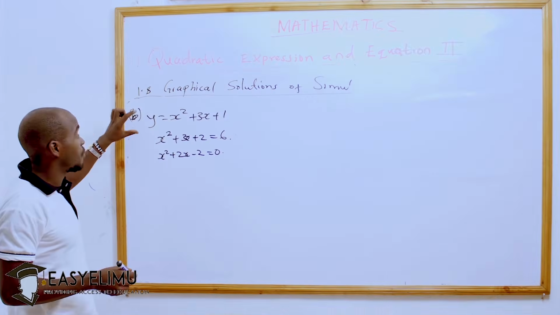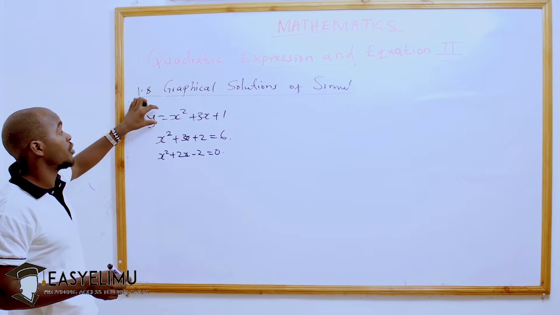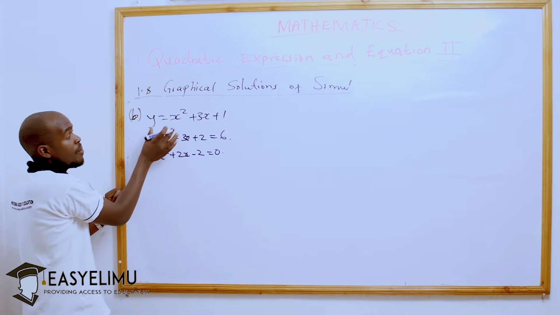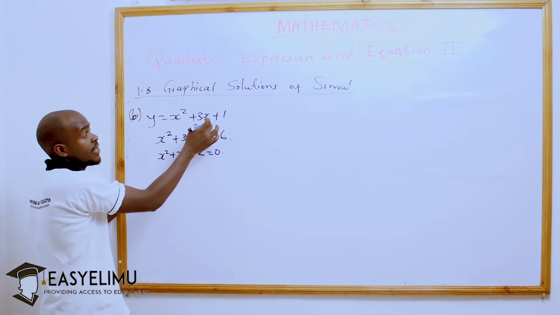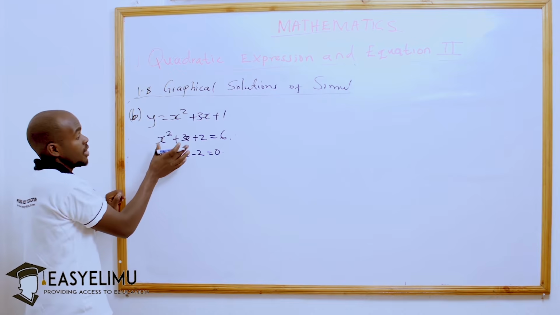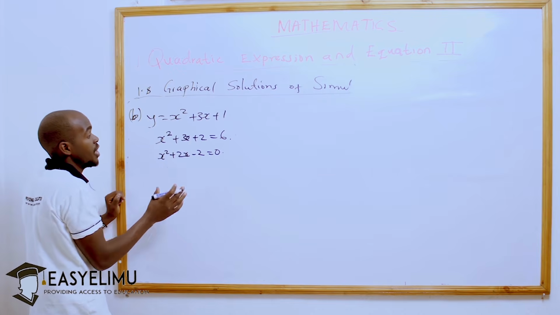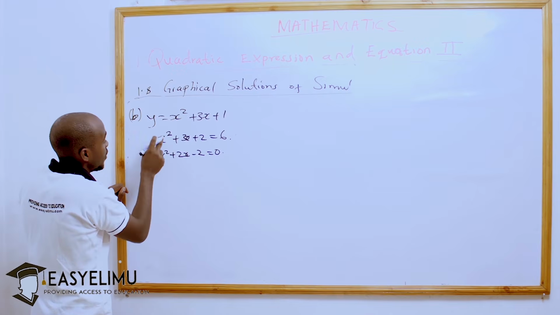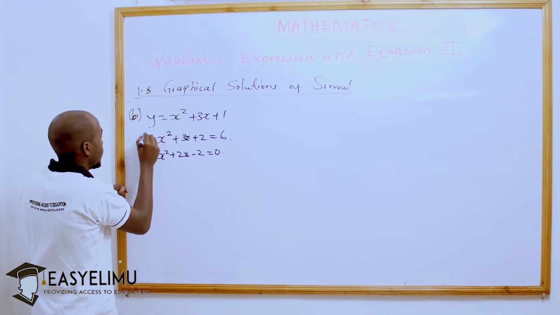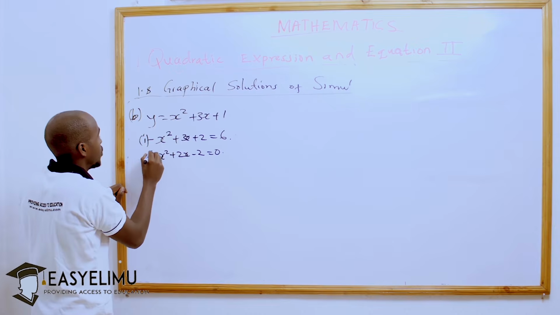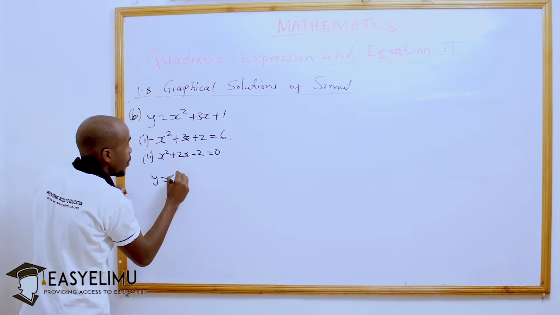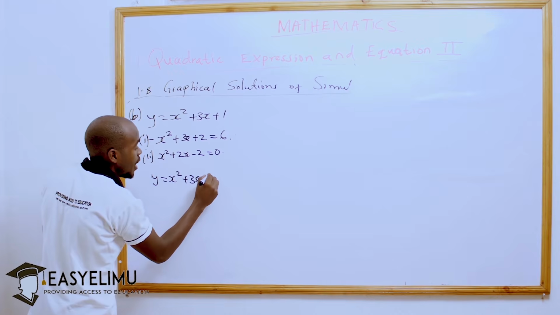So given this kind of quadratic equation, you are told to use this one to solve the other quadratic equation. If you have been given y equals x squared plus 3x plus 1, and you want to solve the other equation, let's start with this one as number 1 and this one as number 2. Then from these two, you will say y equals x squared plus 3x plus 1.